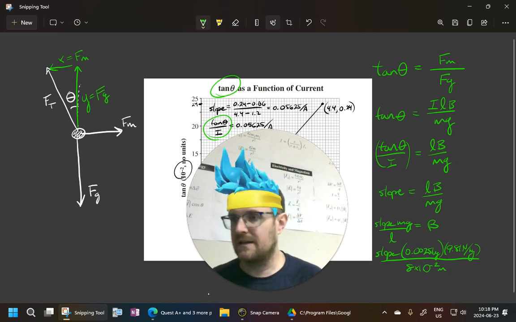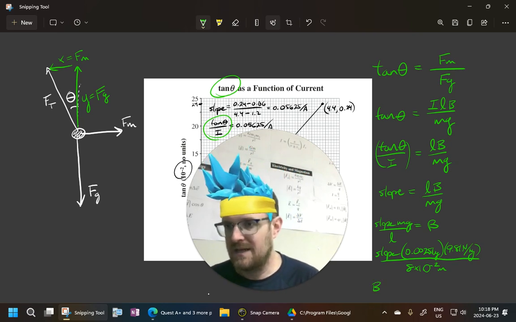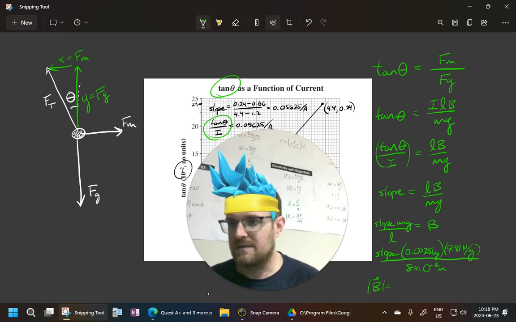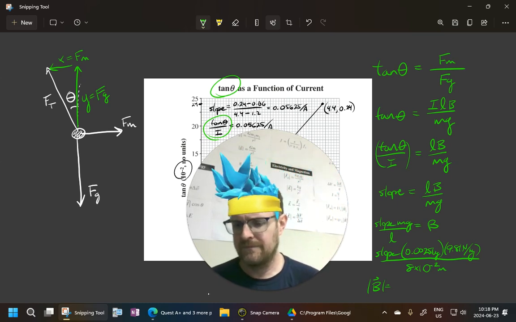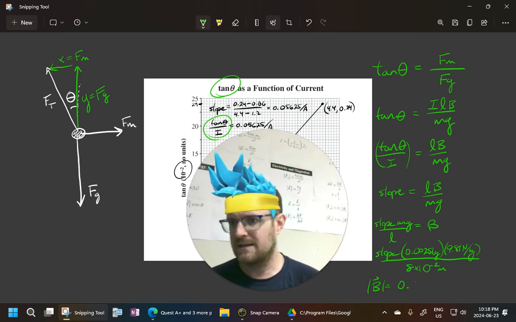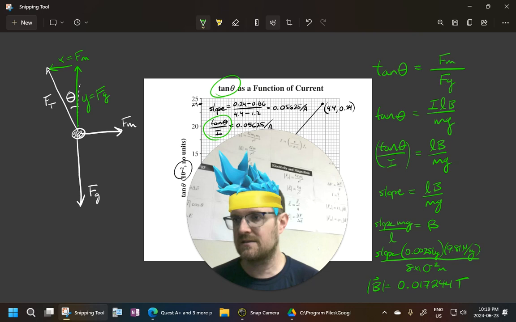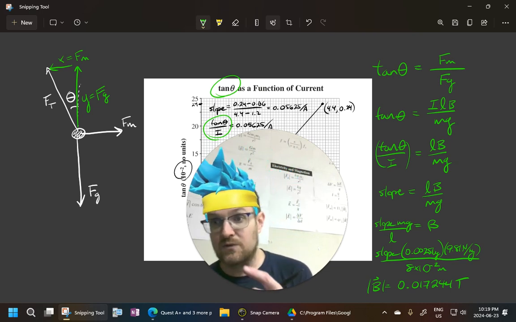So I get a Tesla here. So this is my B. Just the magnitude, because I don't know the direction. I probably do know, I can find the direction too. It is 0.01724-ish Teslas. So that's a good reasonable number.